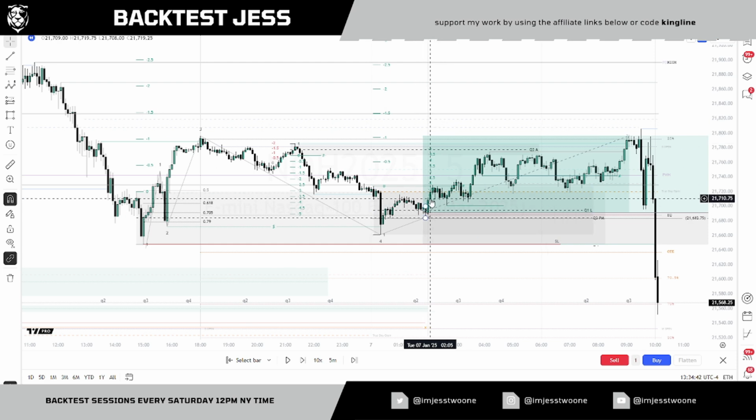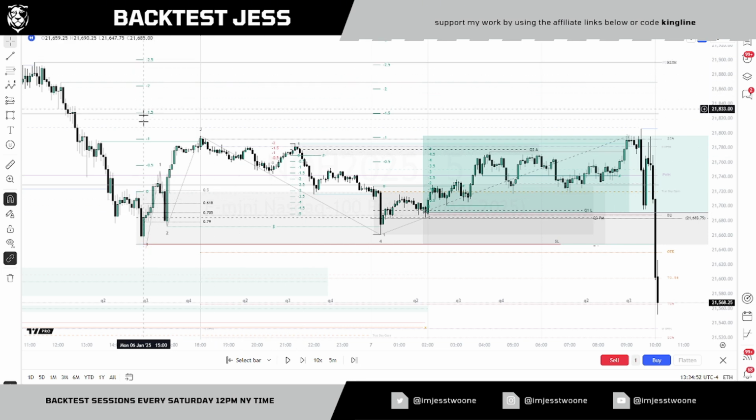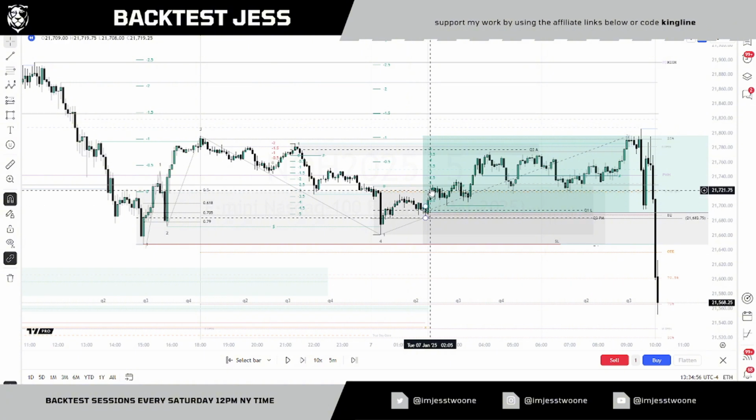But for the trailing stop specifically, he said we're using the current manipulation. So although we're using the framework of Asia session, or the zone of PM session, we're using our current London session manipulation to trail our stops.